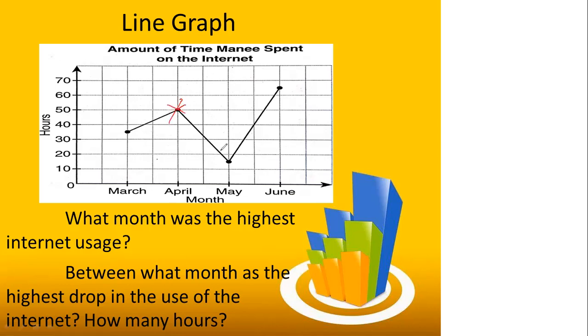How many? The difference: 50 and 15, right? Okay, so 50 minus 15. 30. 35. All right.